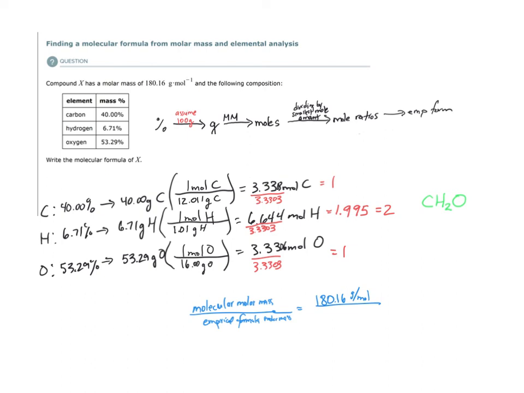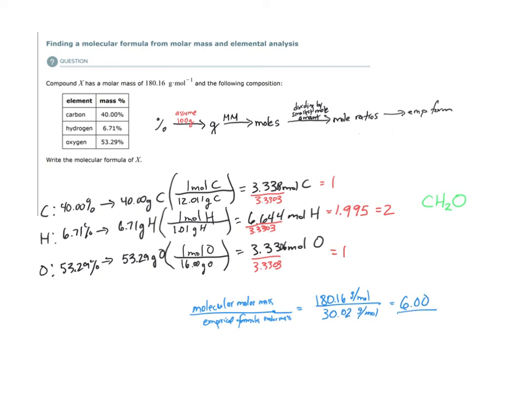What's the molar mass of the empirical formula that we have right now? Well, 12 plus 16 plus 2.02 is 30.02. So if I take 180.16 and divide it by 30.02, I get 6.00.